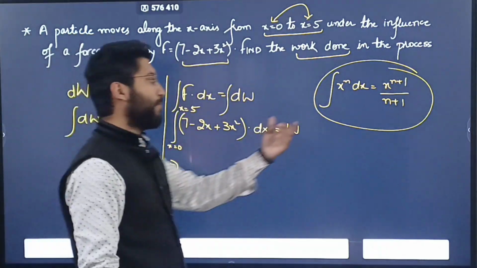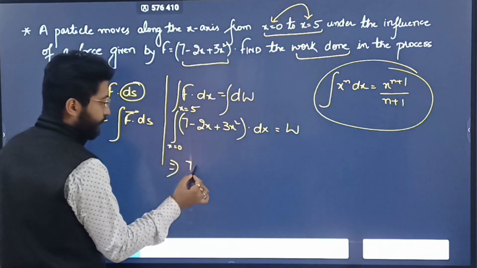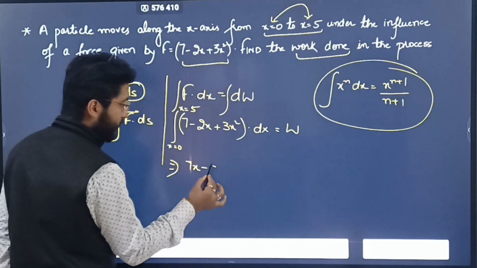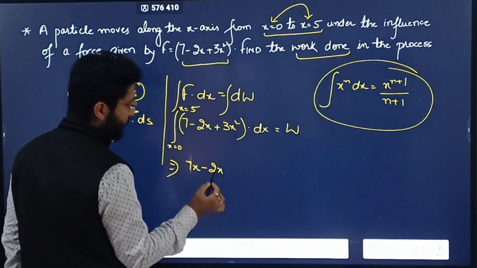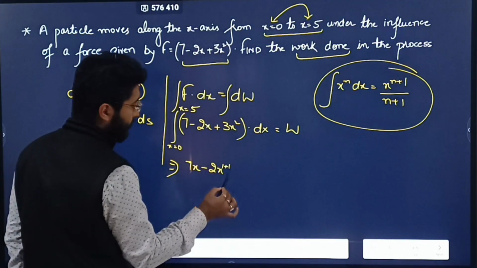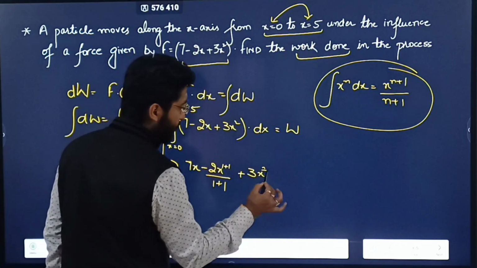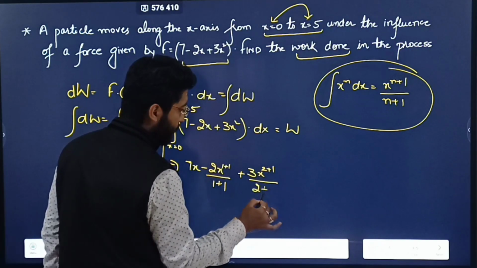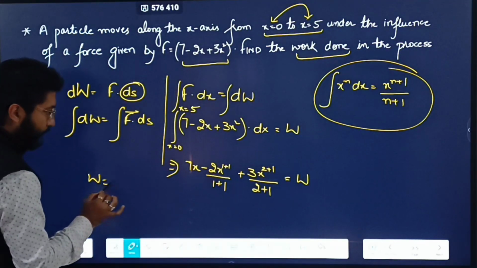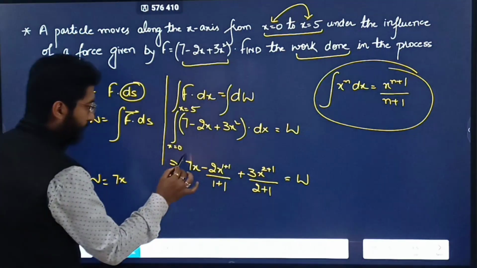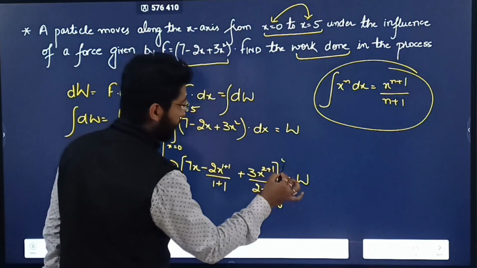Using this formula, we calculate 7x minus 2x to the power 1 plus 1 upon 1 plus 1, plus 3x to the power 2 plus 1 upon 2 plus 1, which equals W. The range also needs to be mentioned here.